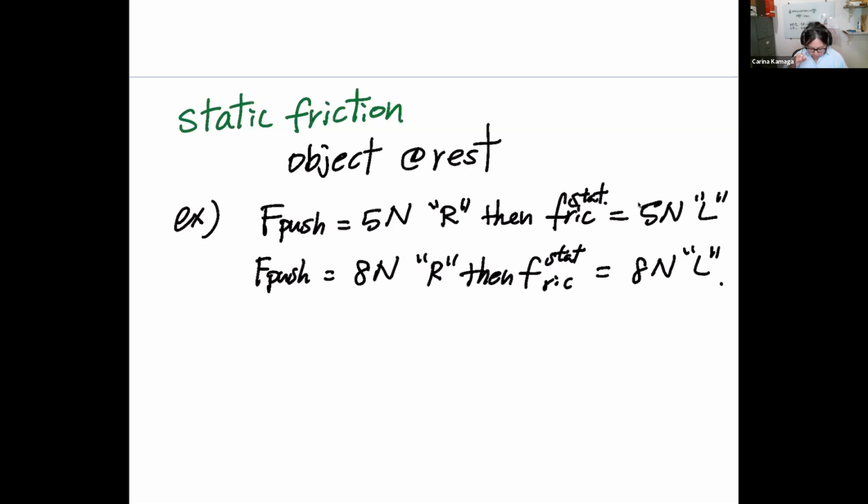Then, when the push force exceeds the maximum static friction, the friction force changes into kinetic friction.